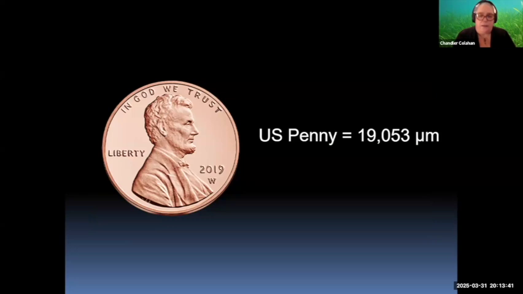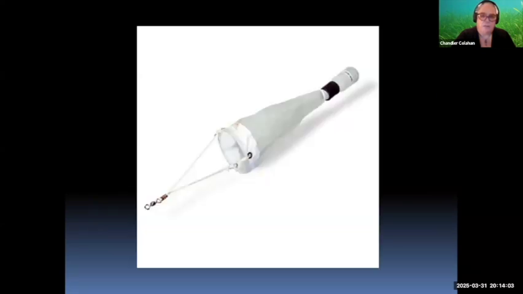Plankton are often microscopic, and when I'm talking microscopic, I'm talking teeny tiny measurements. We say microns. And just to give you an idea of how many microns would fit across the face of a penny, over 19,000. So we're talking really, really tiny things, no more than the width of a hair.